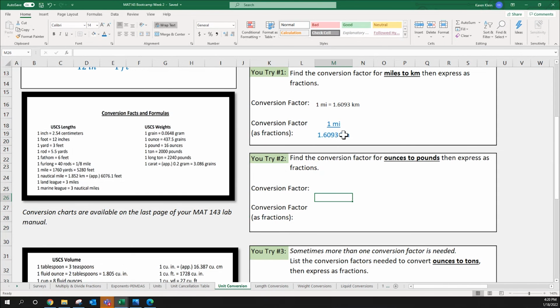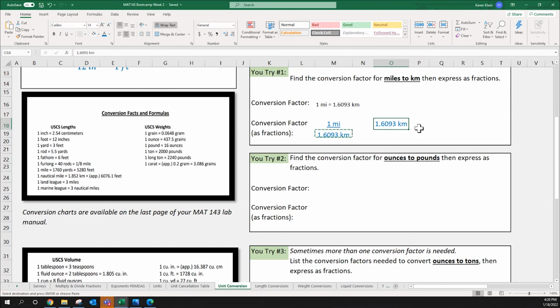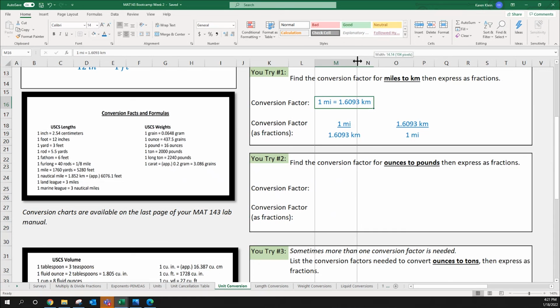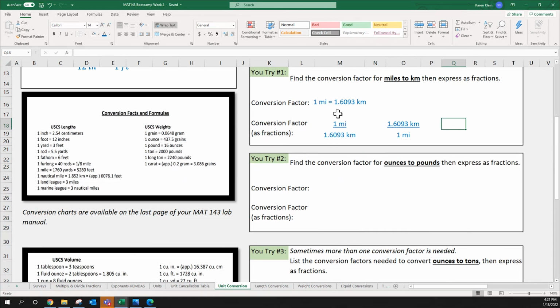So this is one way I can write it, or I can write it as 1.6093 kilometers over 1 mile. So this is how we will identify our conversion factor and then write it as a fraction.